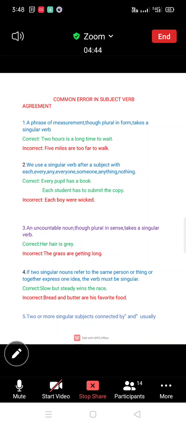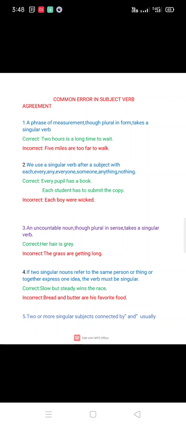Number 2. We use a singular verb after a subject with each, every, any, everyone, someone, anything and nothing. This is also a very common mistake. You should not make this mistake because it's very common, and you should always use correct sentences. For that you have to know all the rules. So here you can see, every pupil has a book, each student has to submit a copy, each boy was wicked, not were.